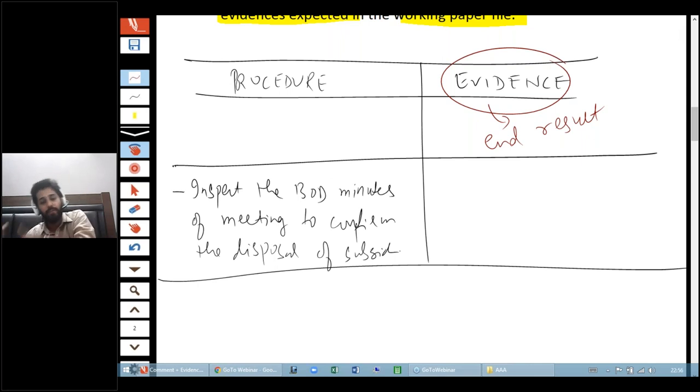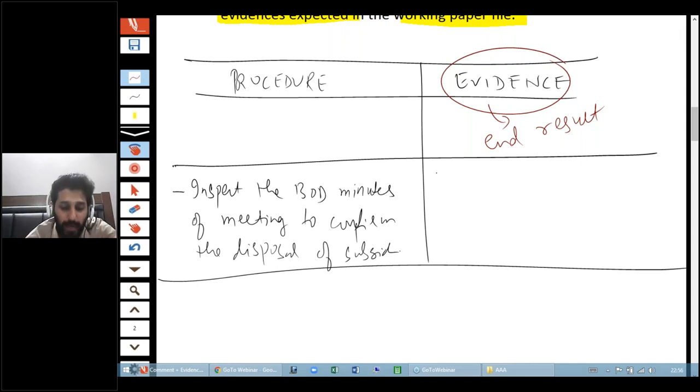When I was on the audit field, what procedure had I applied? Inspect the BOD minutes, and I had inspected those BOD meeting minutes. I made a photocopy because the original document belongs to the company. I will be taking it as a photocopy and attaching it in the working paper file.